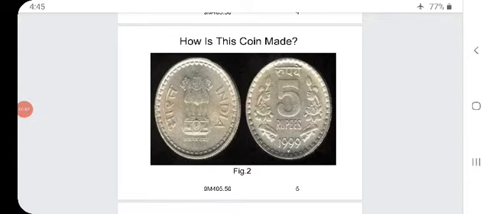How is this coin made? See on the screen. Can you guess how this coin is made? In the traditional machining process, we have seen the process called pressing. It may be the hydraulic press, pneumatic press, or mechanical press.